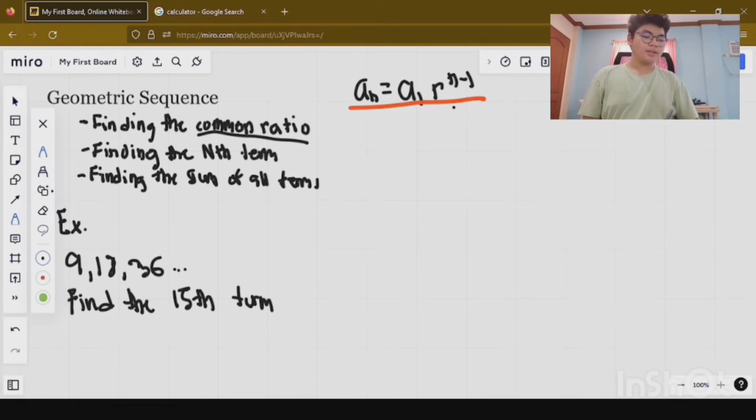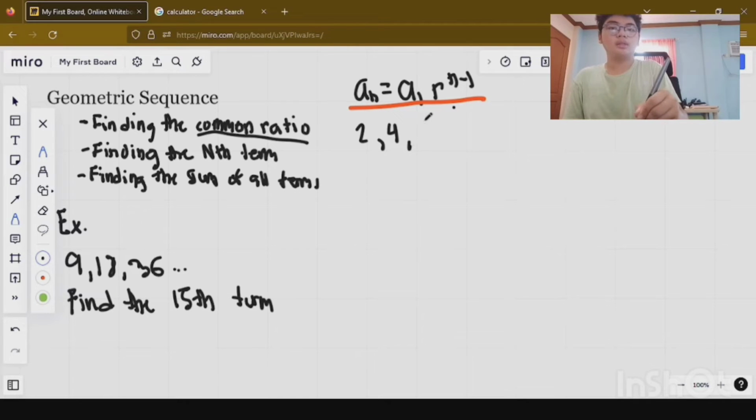Another example is 2, 4, 8. Simple. Common ratio, easy. 2 again. But find the 21st term.